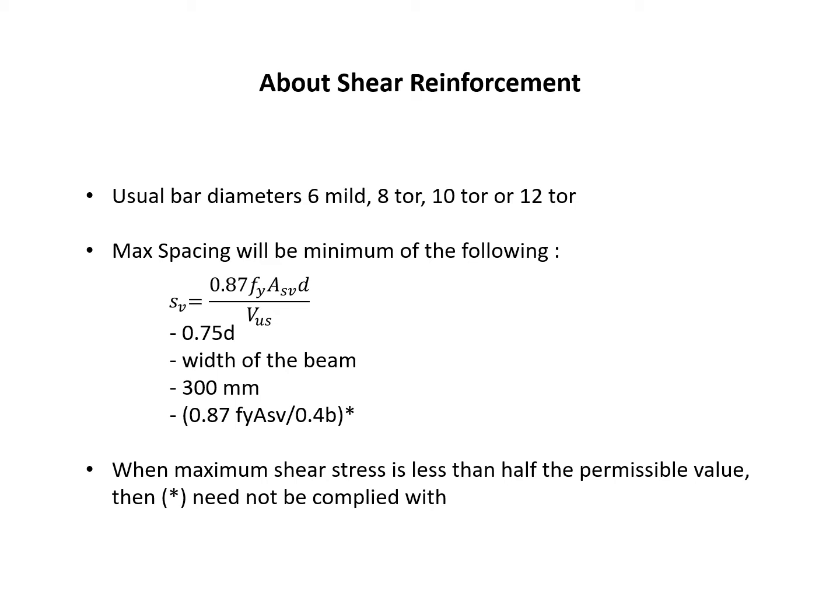Now the last formula has a star. What they say is when maximum shear stress is less than half the permissible value, what your tau c you get, then you need not apply the last formula. It will be more clear in the problem. So what it means is when shear force is very small, you don't need to use the last formula.